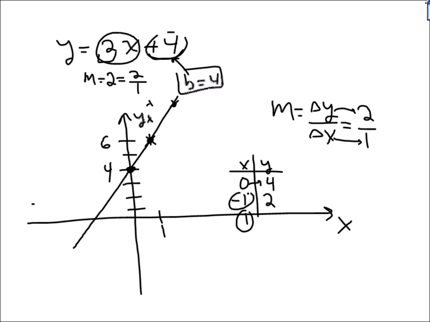And then I would double 1, which is 2, and I would add 4. That would give me 6. And I would plot those points and I'd be done. In fact, I actually plotted 2 of them. I plotted 0, 4 right there, and 1, 6 was right there. There's 1 and there's 6.